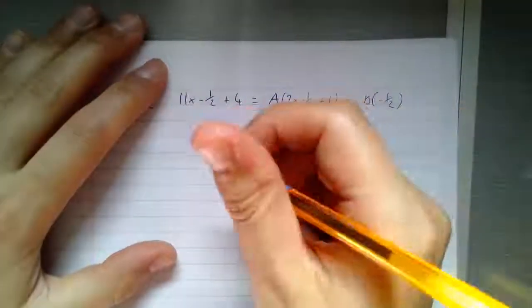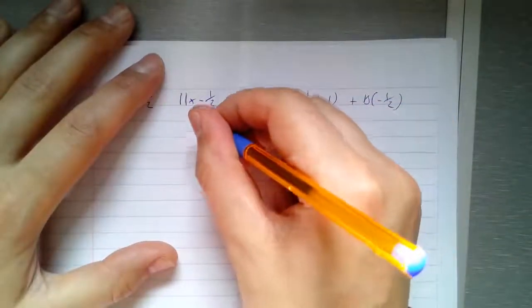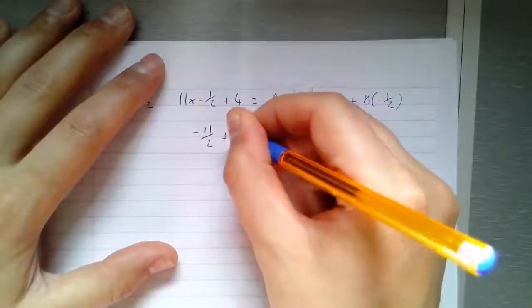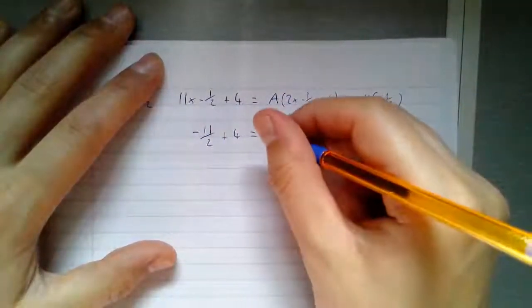Let me tidy this up a bit. I've got minus 11 over 2 plus 4 is equal to, that dies, minus B over 2.